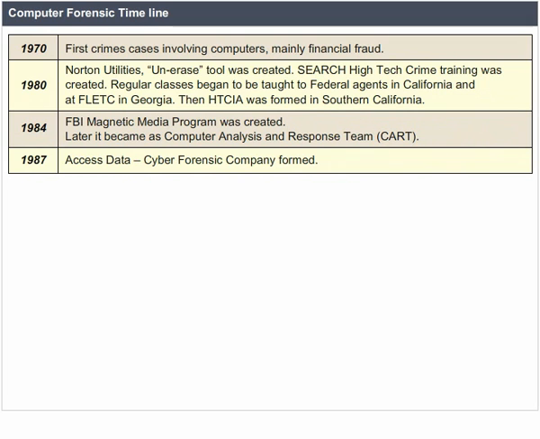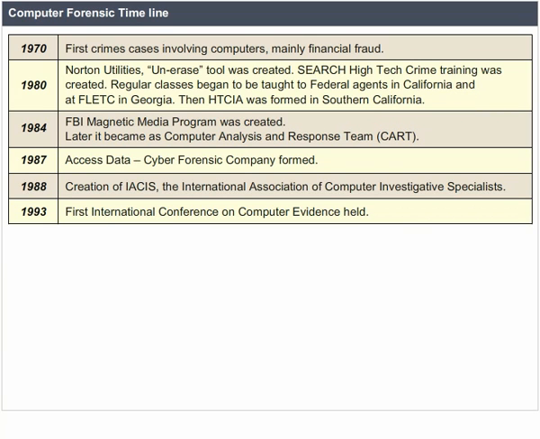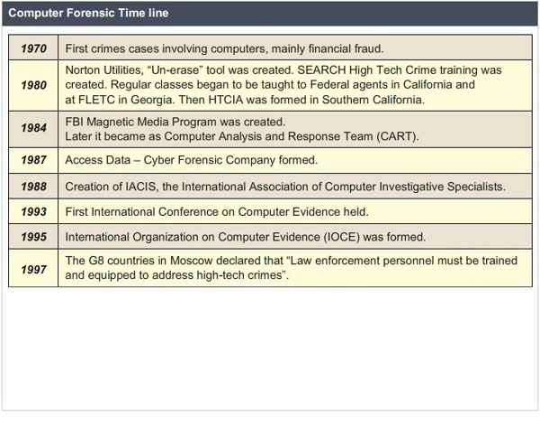1987: AccessData, a cyber forensic company, was formed. 1988: creation of IACIS, the International Association of Computer Investigative Specialists. In 1993, the first International Conference on Computer Evidence was held. 1995: International Organization on Computer Evidence was formed. 1997: the G8 countries in Moscow declared that law enforcement personnel must be trained and equipped to address high-tech crimes.